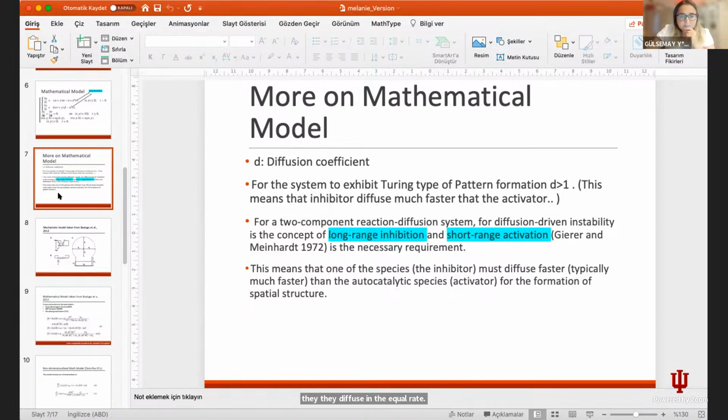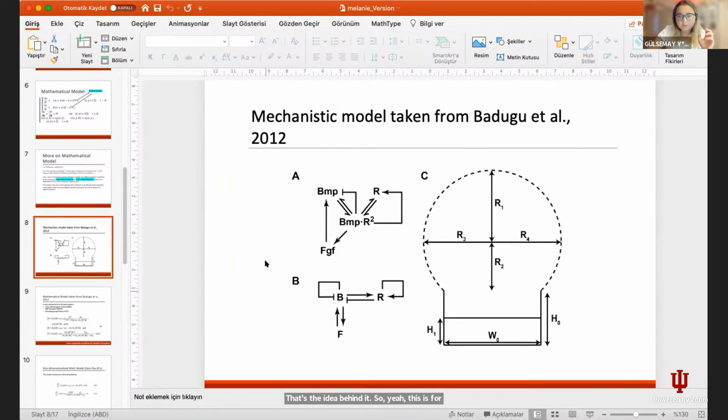So this is the Schnakenberg mathematical model, and this is the flow chart for the new model, the model for digit development. We have BMP, R, and FGF. These are our parameters, and R here stands for an inhibitor, and FGF stands for the activator. There is this mechanism, and I'm sure someone else in our group can explain it biologically much better.